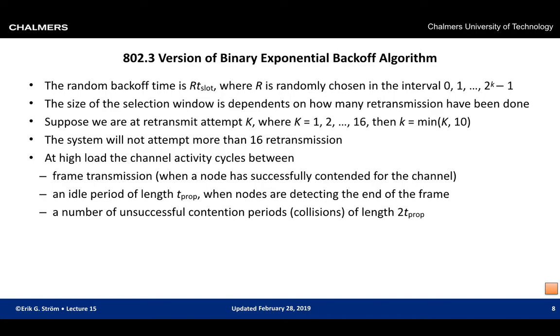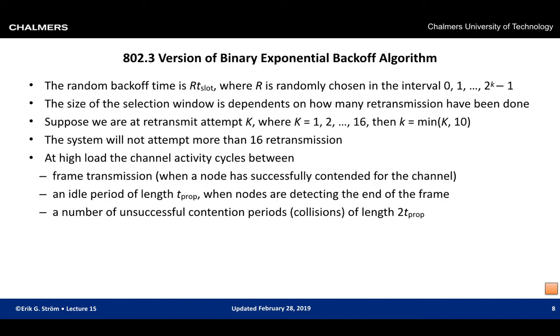So this is the way we increase small k as a function of large k. And we see that the increase in the maximum backoff time, or maximum R, if we look at the maximum value of R, how that progresses as we increase k, then for capital K equals 1, small k is also equal to 1, and the maximum value is 2 to the power of 1, which is 2, minus 1, is 1. Okay. The next attempt, it will be 3.